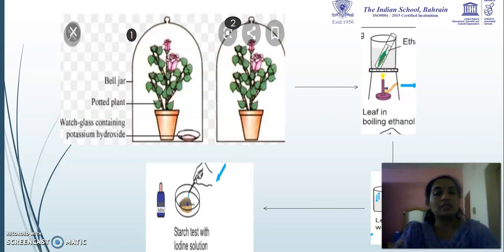But in the second one, all the conditions are there, so the plant is able to perform photosynthesis and starch is present, so the color changes to blue-black, which again proves clearly that without carbon dioxide, plants cannot perform photosynthesis. It is an essential condition for photosynthesis.